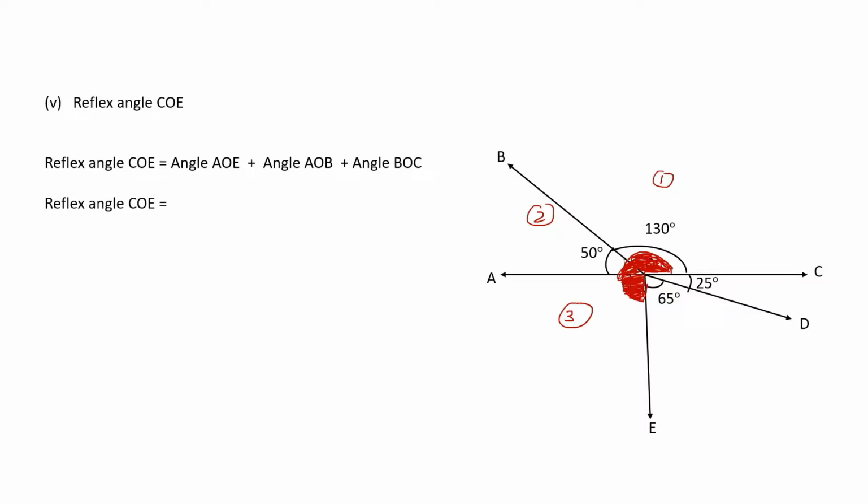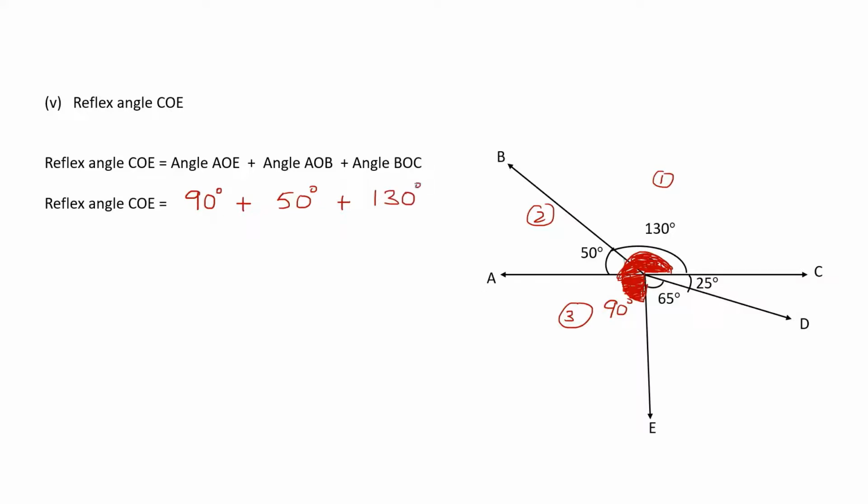Reflex angle COE, let's substitute the values. How much is angle AOE? AOE is 90 degrees. So let me write that down here. 90 plus AOB 50 plus BOC 130.